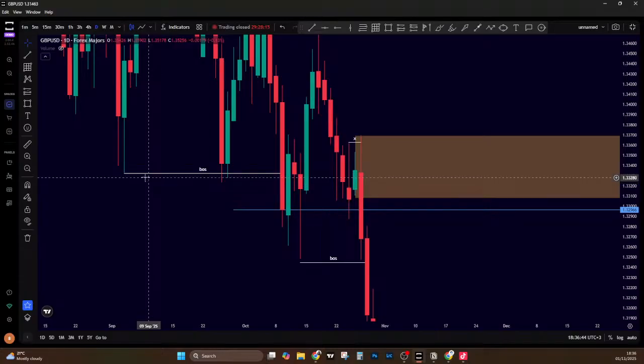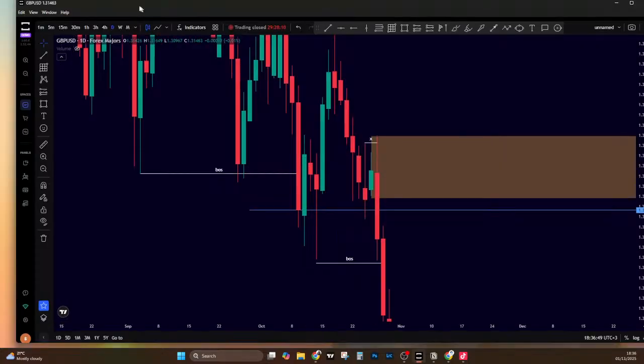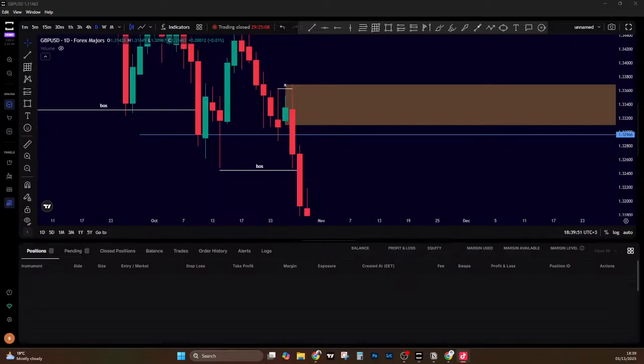KC, if you want to zoom out, if you look at the left here, there is a zoom in button with a plus. Are we back now?